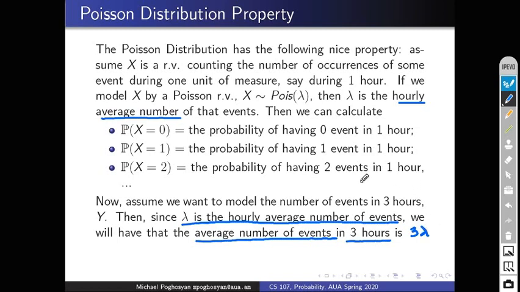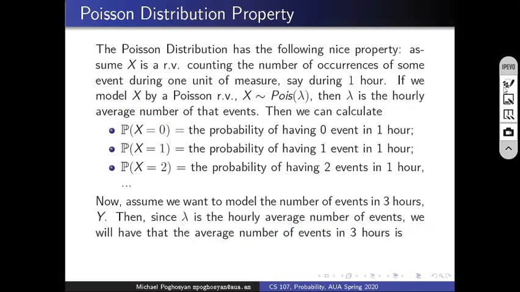If in 1 hour we have 3.2 cars passing by my window, then in 3 hours I will have 3 times 3.2 cars passing by my window. So the new number of events in 3 hours can be modeled as a Poisson random variable with parameter 3 times lambda. This is a very important and useful property of the Poisson distribution.